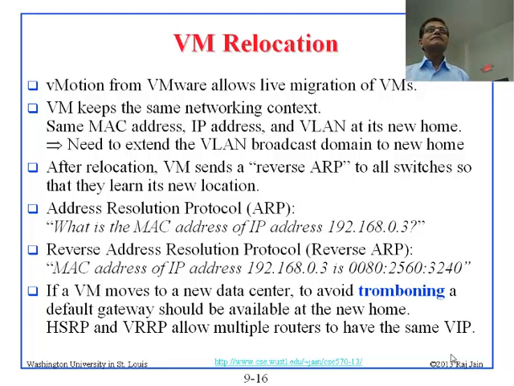Reverse ARP is just the opposite. You didn't ask, but: hello, please listen, my MAC address is so and so, or the MAC address of IP so and so is this. So you're telling everybody, unsolicited, that this is the MAC address. Why are you telling everybody when they know that already? You just had that MAC address a minute ago.